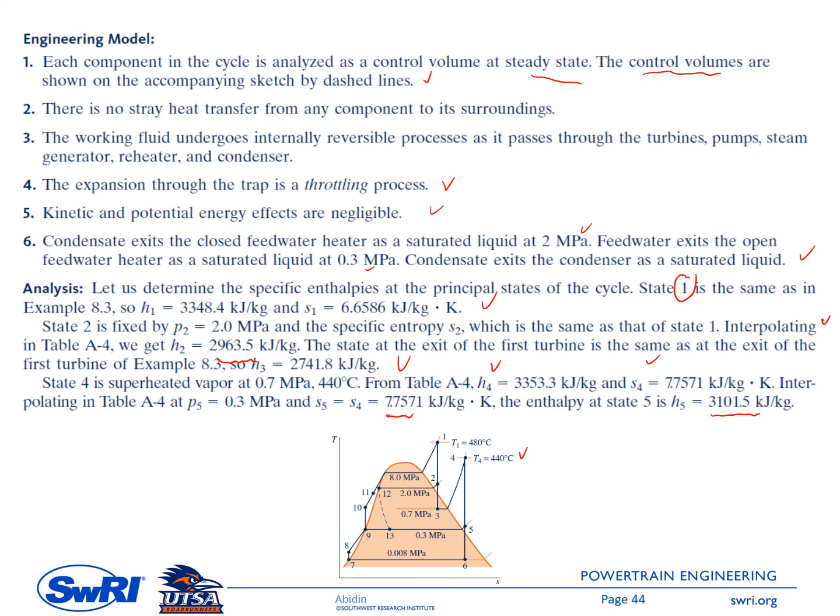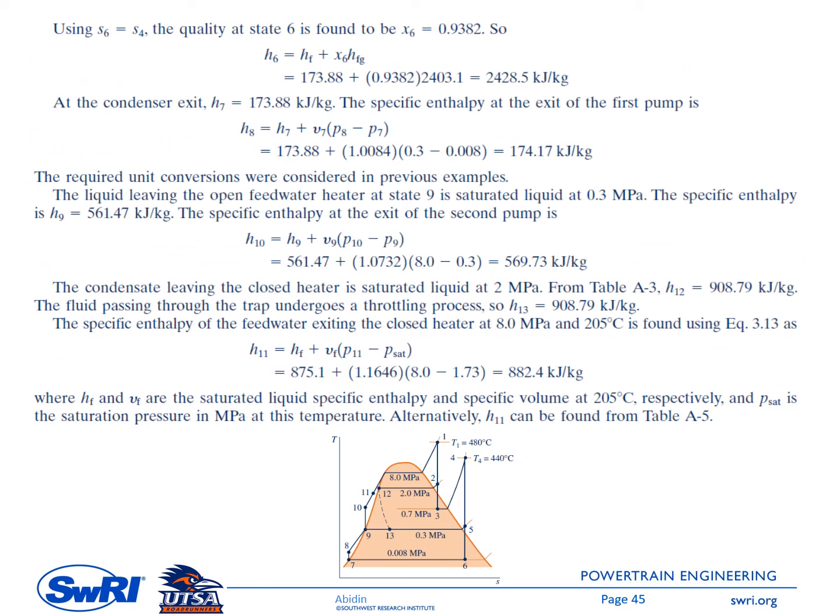And you need to apply the formula to estimate the properties inside the dome to get the enthalpy at state number 6. So once again, entropy at state 6 equals the entropy at state 4, and then you can estimate the steam quality at state 6. Once we get this steam quality, we can calculate the enthalpy using this formula: HF plus X, the steam quality, times HFG.